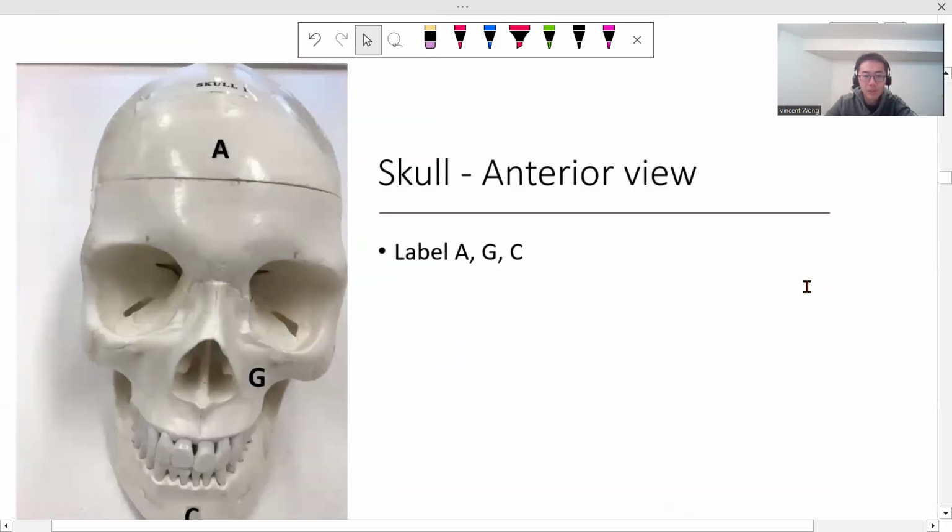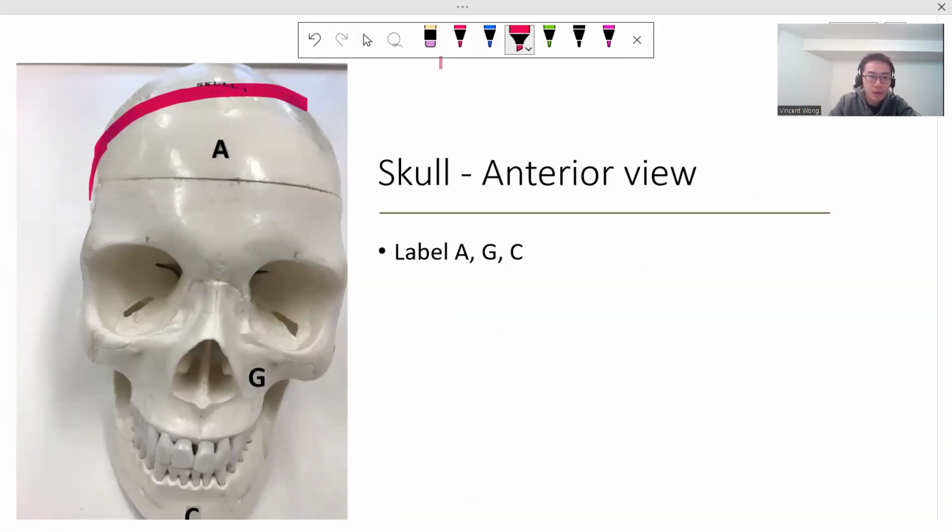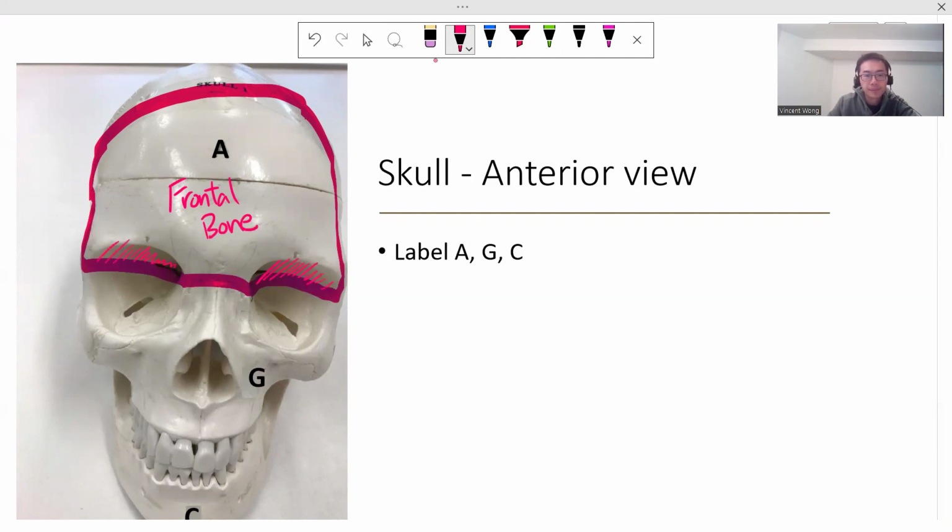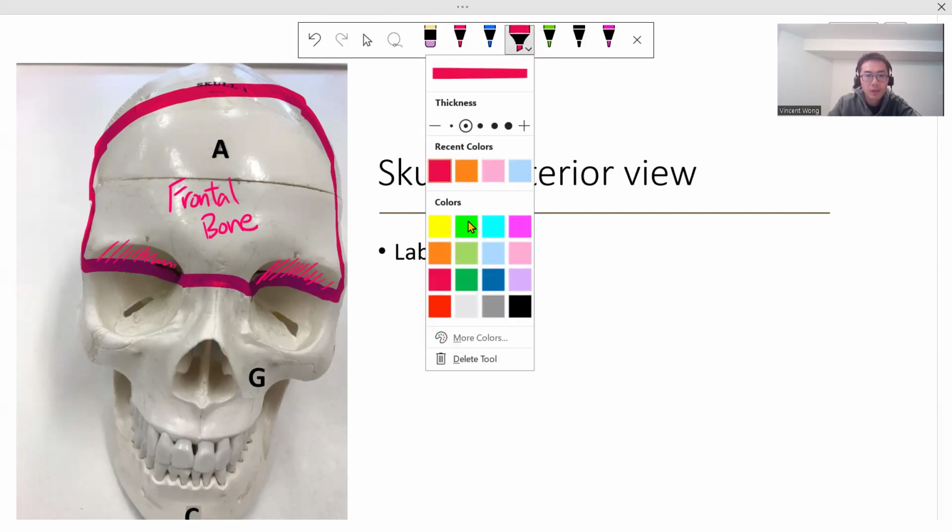Let's move on to the bones. Let's label the bones. A is over here. This whole thing is A. Okay, that is frontal bone. Forms the top of the eye socket as well. Don't forget. G. What is G?